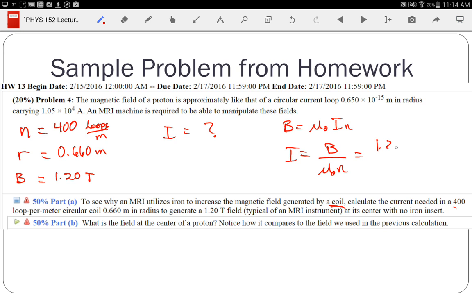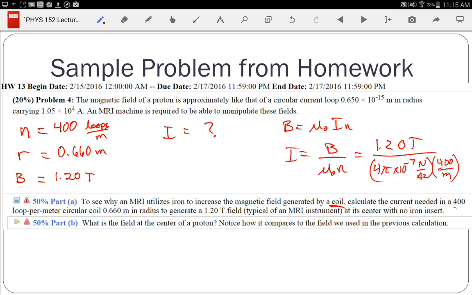So that's 1.20 Teslas divided by 4 pi times 10 to the minus 7 newtons per ampere squared, and then the number of turns, 400 per meter. Notice I didn't even put the loops here because loops are not technically a unit. It's just a number of them.